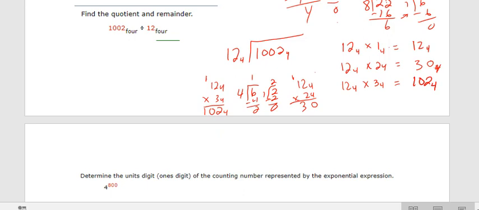Okay, so here if we look at what we have, 100. So 12 base 4 goes into 100. If we use 3, that's too big, so we would use 2. And 12, let me erase this.